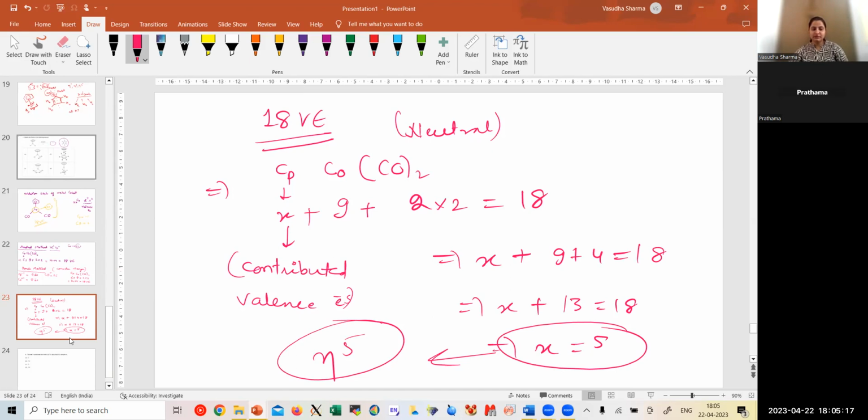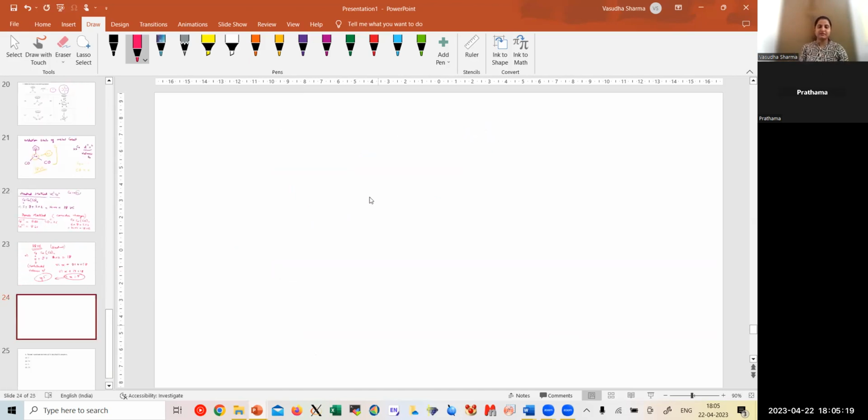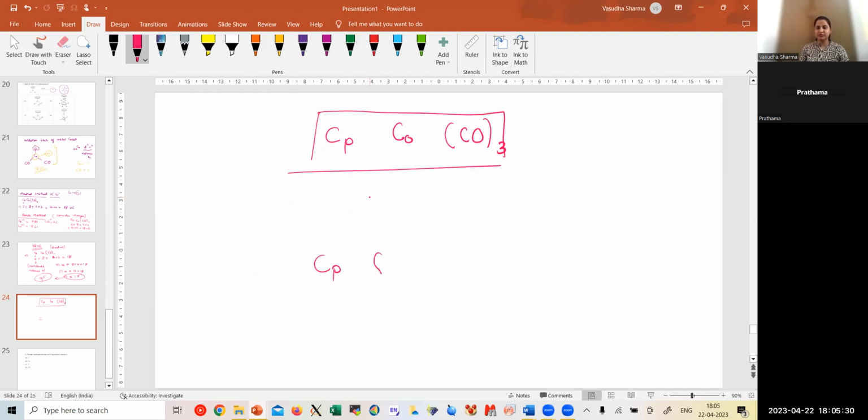Right. Now, if I do it this way, if I have Cp cobalt CO whole 3, and if I have Cp cobalt CO whole 4, what would be the hapticity in B and in C?